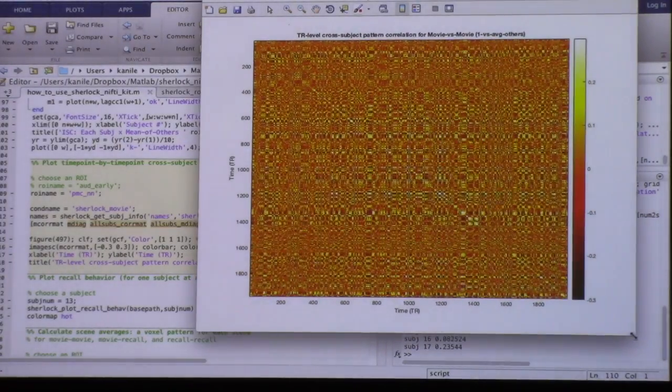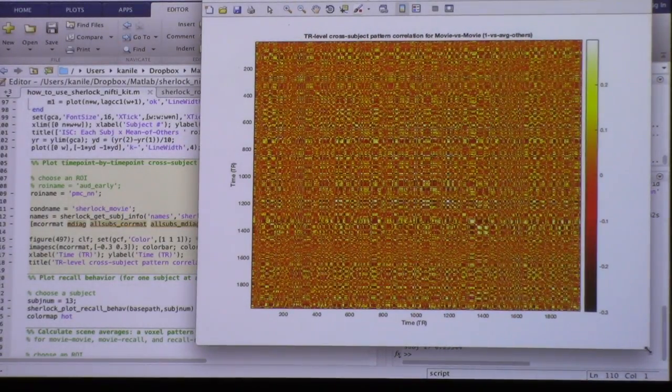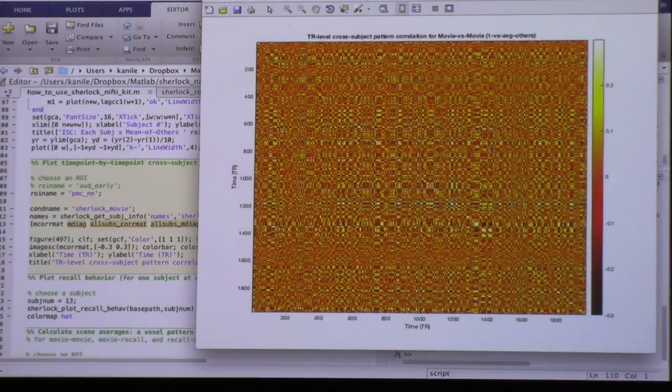But now, instead of using their time courses, we're taking the pattern of activity in the ROI at any given time point, and we're calculating the correlation across subjects at every pair of time points, each subject compared to the average of the others.